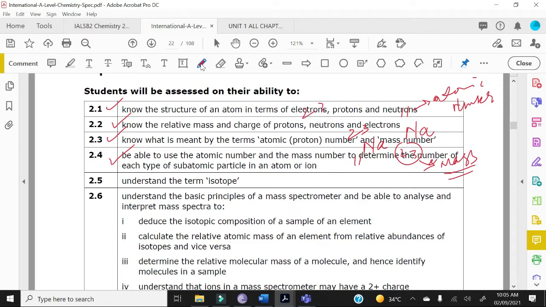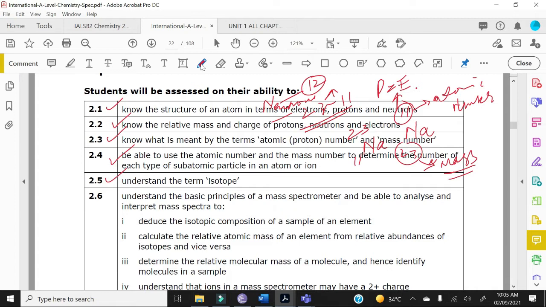So 23 minus 11, 11 are protons. Keep in mind, protons are always equal to electrons when the atom is neutral. And when you subtract this value, you get a result which is almost 12. These are the neutrons. Okay, are we clear? Yes, sir.